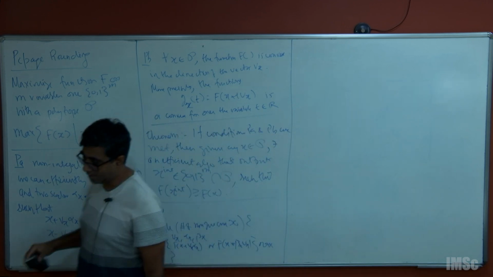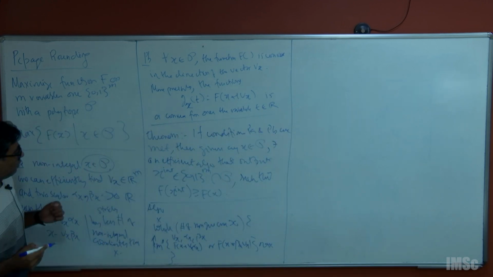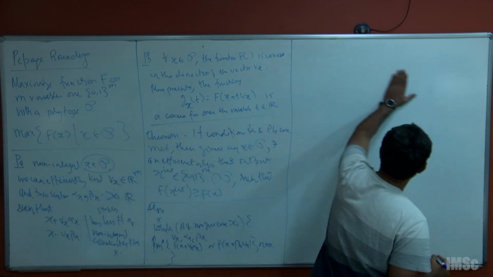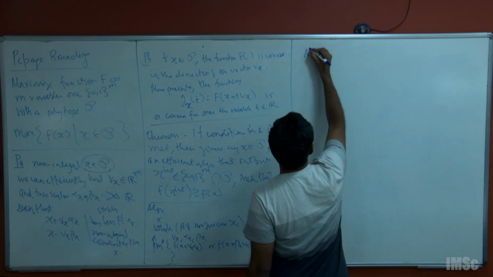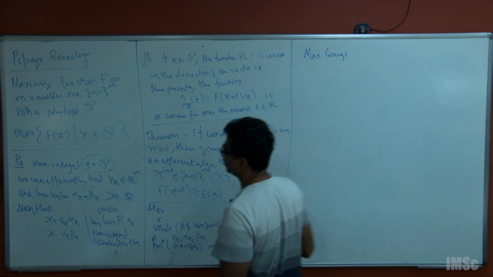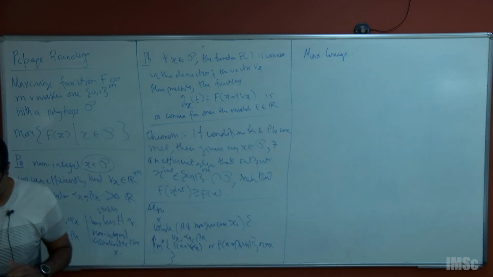Okay, and now if you remember, for max coverage, we were doing max coverage, right? And for max coverage, what was the function f of x that we were trying to optimize? Do you remember?